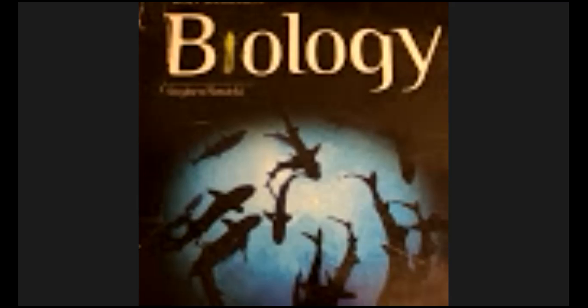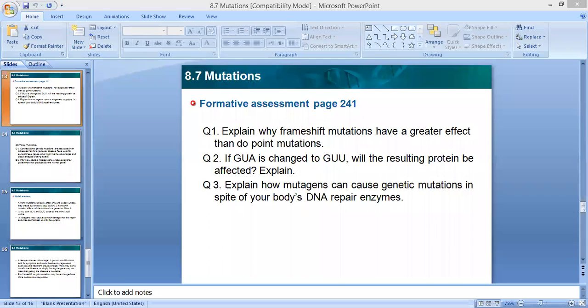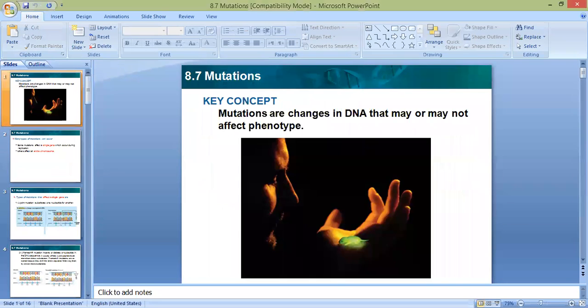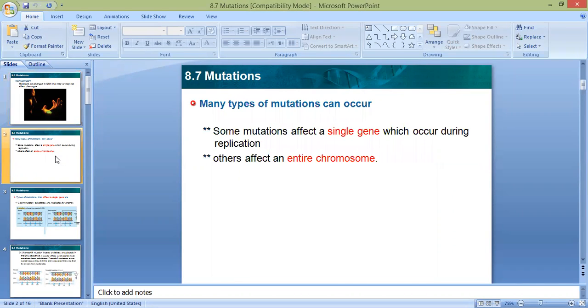Now let's go to section 7, which is the last section in chapter 8, which is talking about mutation. We learned before that mutation is a change in the DNA sequence, and mutations may or may not affect the phenotype.